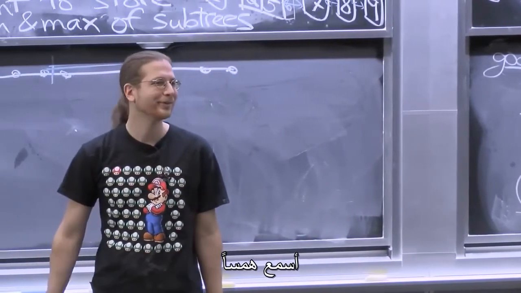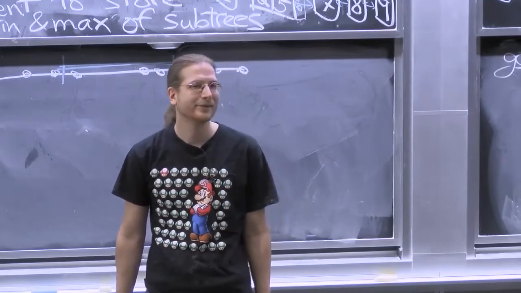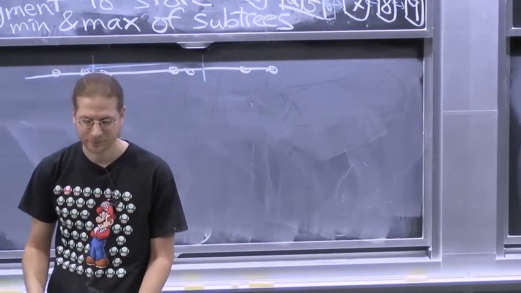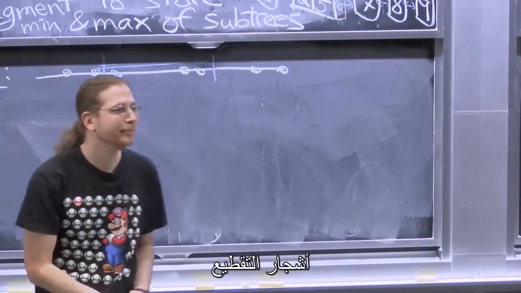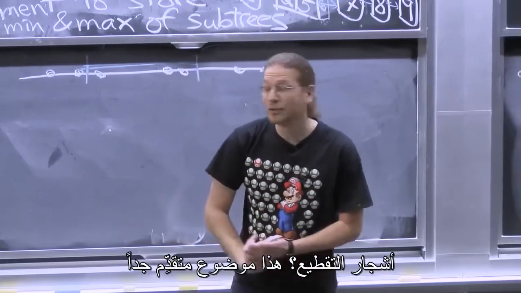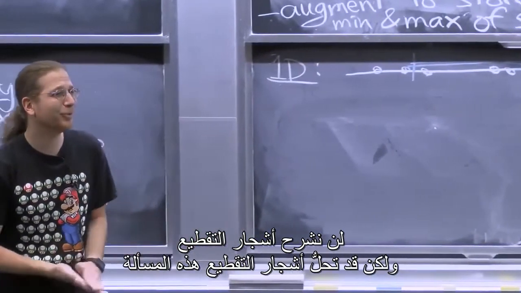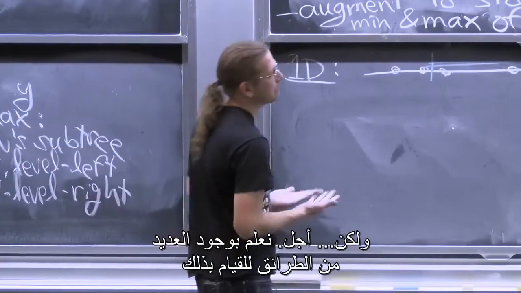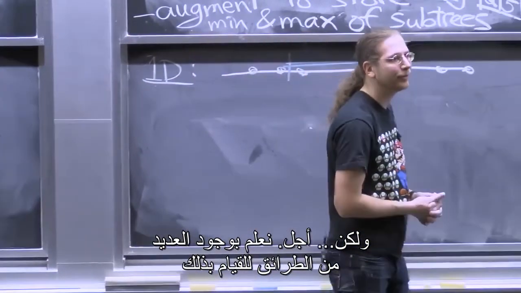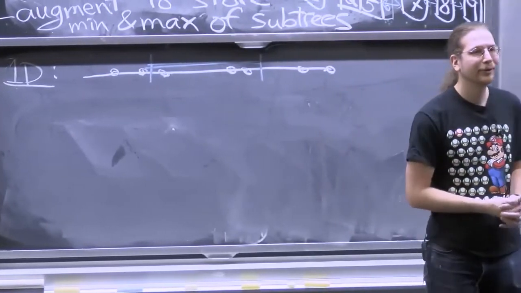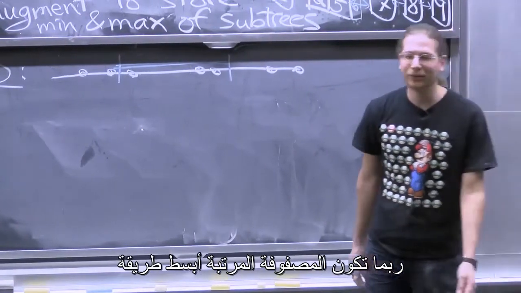Yeah? Segment tree, that's fancy. We won't cover segment trees. You probably segment trees do it. But yeah, we know lots of ways to do this. Sorted array is probably the simplest.